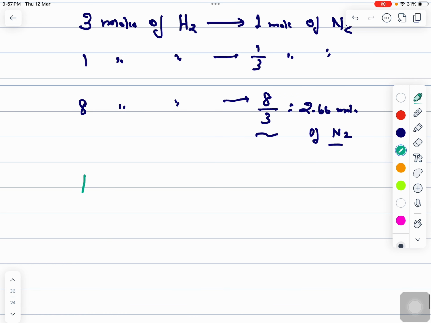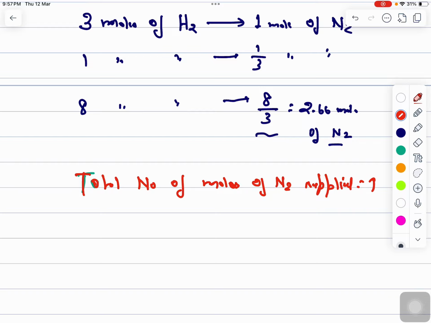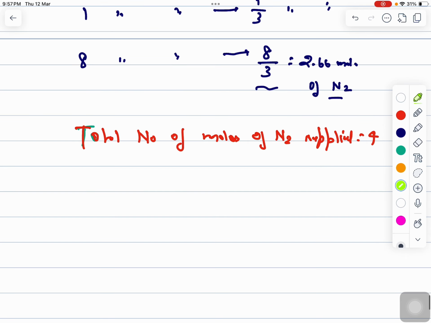The total number of moles of N2 supplied was 4. The number of moles of nitrogen reacted is 2.66.